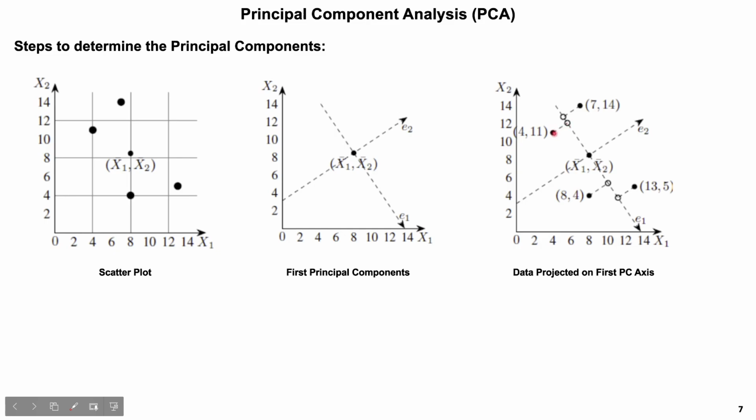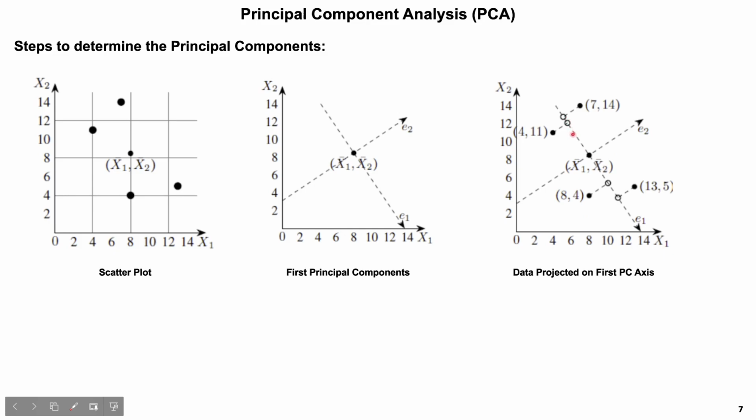So this 4 comma 11, after calculation, the value was around minus 4.305. So this point is the center, and towards the left we are shifting it by 4.305. So that is our first point. And similarly, we are projecting all our points to the principal component axis.